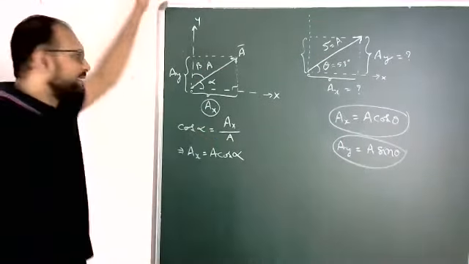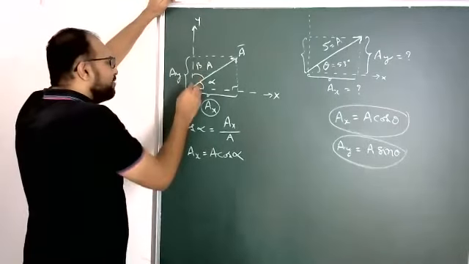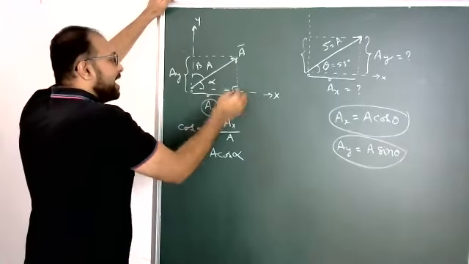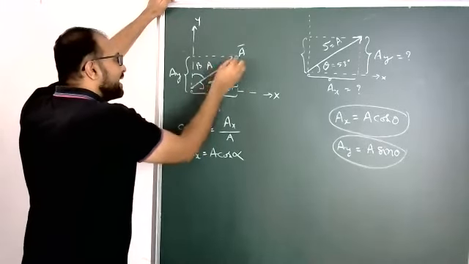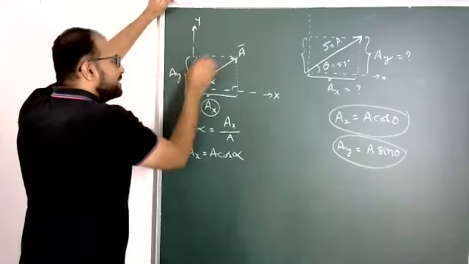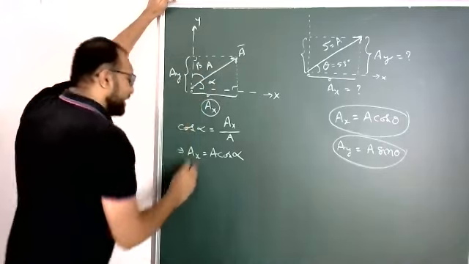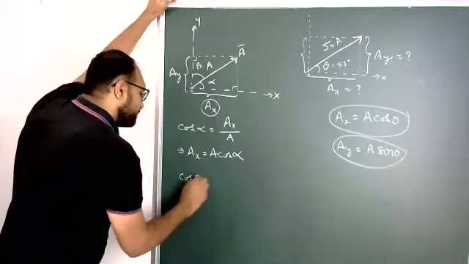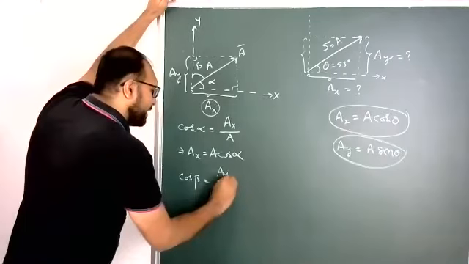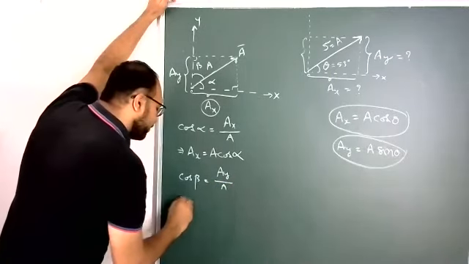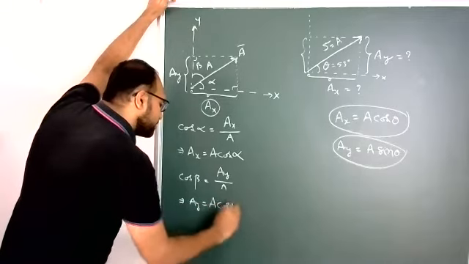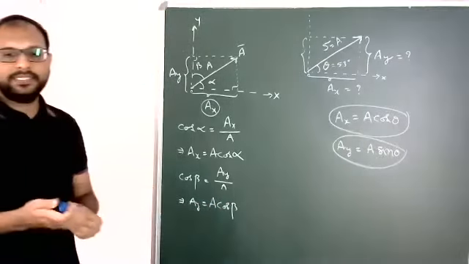Now another method. Yes, this is Ay. This is Ay. Means indirectly here to here Ay. Now I am taking this right angle triangle. This is also a right angle triangle. In this right angle triangle, I am taking cos beta. Cos beta equals Ay divided by A. Therefore, Ay equals A cos beta. Right?